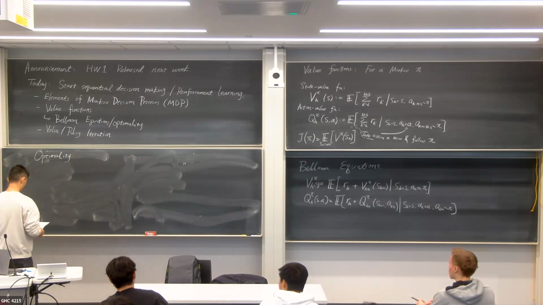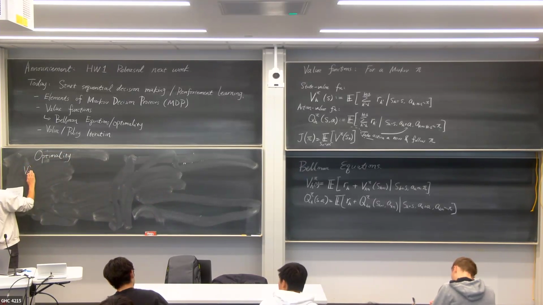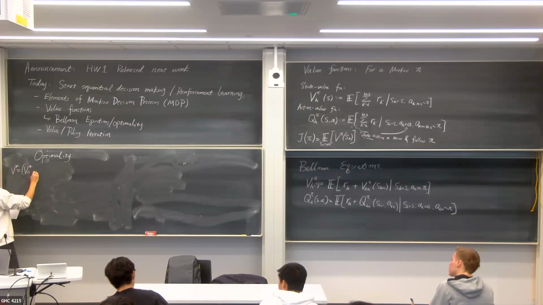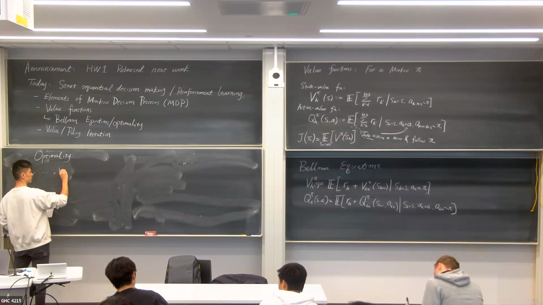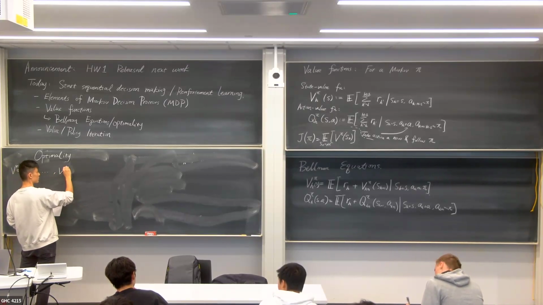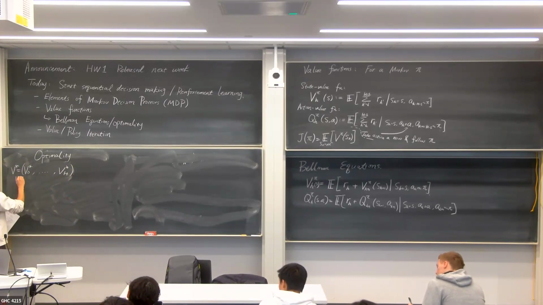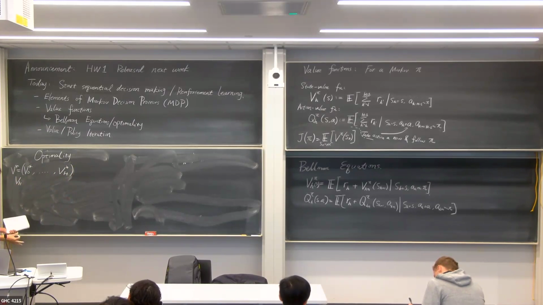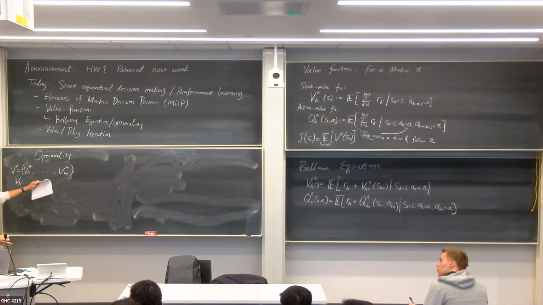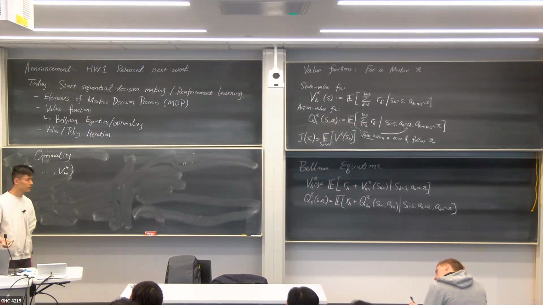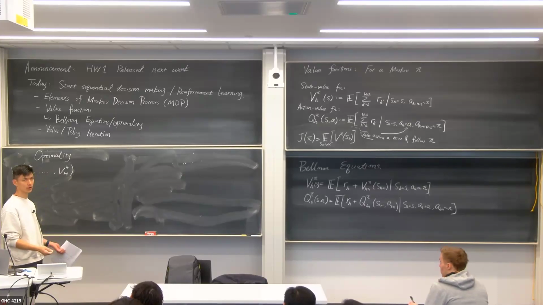I'm going to define a set of functions, which I'm going to call V star, starting from step 1, and they're defined in the following form. You should think about this as the optimal value. This is actually called the optimal value. It's hard to think about, because this is exactly the thing we optimize. We don't know how good it is.